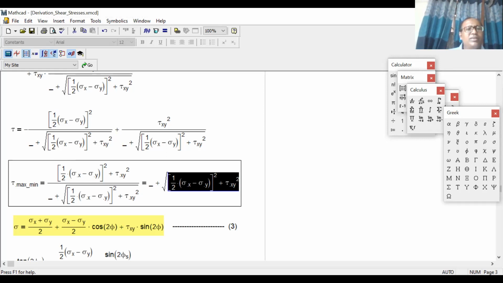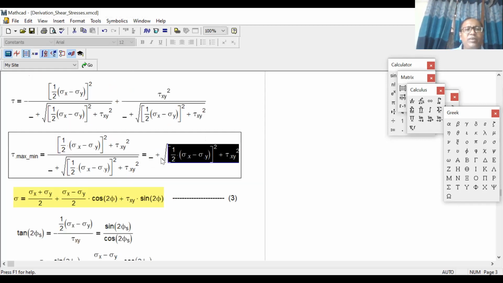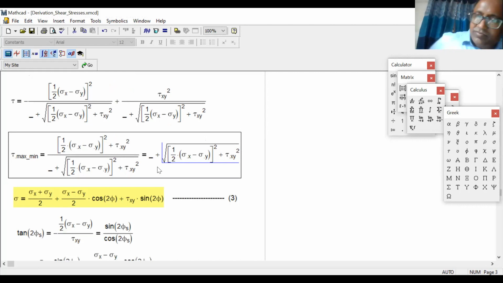Now, this is maximum tau. You use the plus sign on one tau, minus sign on the other tau. But you see, both taus have the same value, but one is maximum, that means plus sign, and the other one is minus sign. Okay.